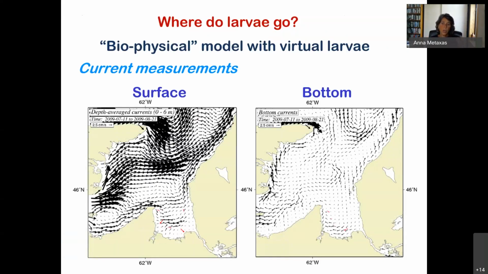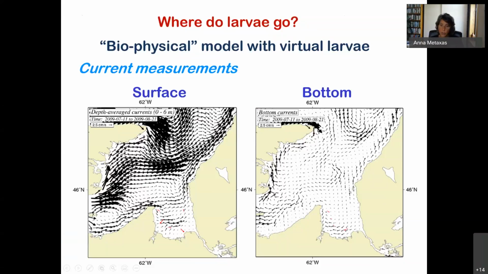Here you see models, for example, from a study. This is Nova Scotia, this is Prince Edward Island, this is the Northumberland Strait. The arrows show the direction of the currents at this particular time and point. This is near the surface and this is near the bottom.